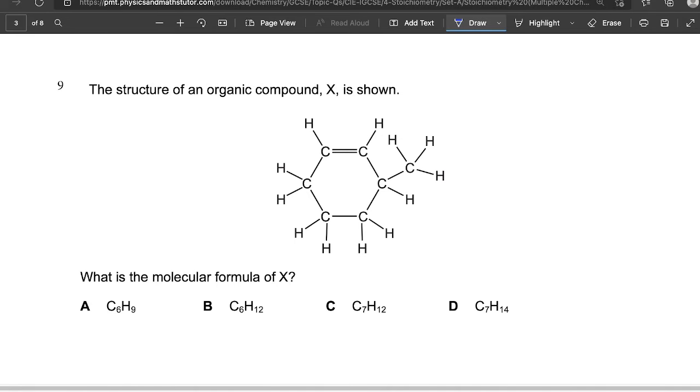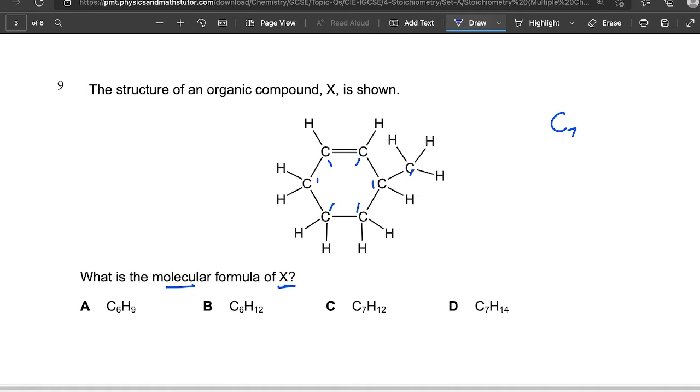It says the structure of an organic compound X is shown. So we have this complex structure here, and it's telling us what is the molecular formula of X. So let's count out the number of carbons. 1, 2, 3, 4, 5, 6, 7. Hopefully I didn't miss anything. So C7.